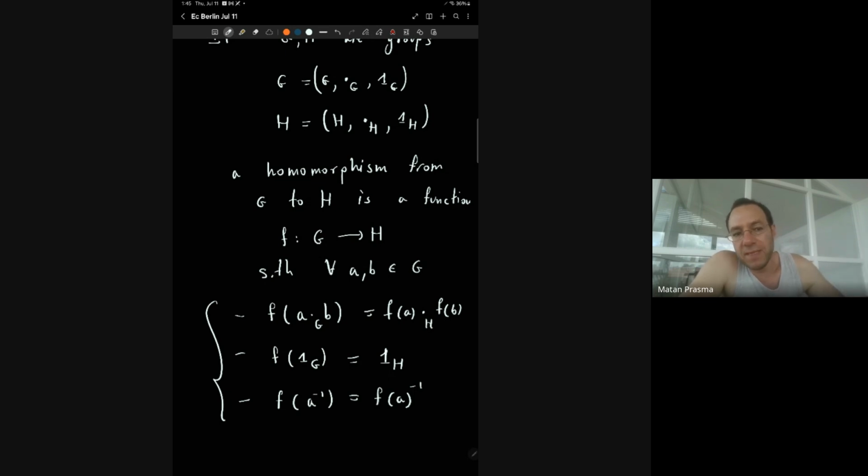But we will talk about fields. A field is like a group. It's a set with binary operation, but it has two binary operations, which we typically call multiplication and addition. These operations need to satisfy some axioms. After we define the notion of a field, we will have a notion of a morphism between fields that is a function between the underlying sets of the fields that preserves the structure.